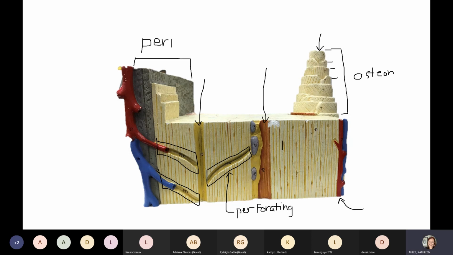We can also see a bunch of lacuna all over the place, all these little spots. Remind me again, when I talk about lacuna, what was the easy word I told you to think of with lacuna? What's the easy word for lacuna?